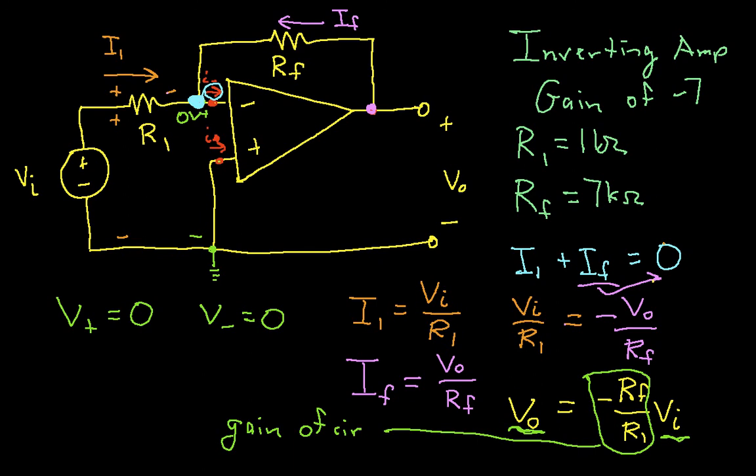Now, one question you might have is, how do we actually choose a value of R1, since once we choose R1, then RF will be specified? We typically do that by looking at the typical ranges of the input voltage, looking at the specifications of our op-amp to see how much current it can source, and looking at how much current we're willing to let flow back through RF, because that's a power drain, and so on.